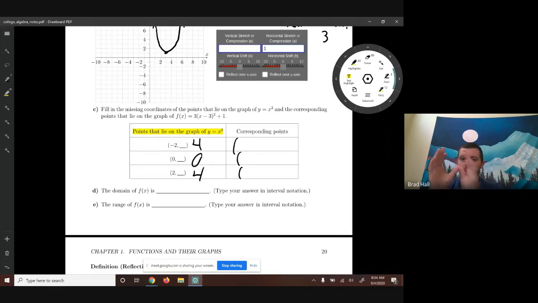So we're not using -2, 0, and 2 here, but we need to see that since we are shifting to the right 3, remember we're shifting to the right 3 in this problem, then that means all of our x values will shift to the right 3, which means instead of -2 here, we shift that to the right 3. So -2 plus 3 is just 1. And then 0, shift that to the right 3. And 2, again, you shift that to the right 3, that's 5.